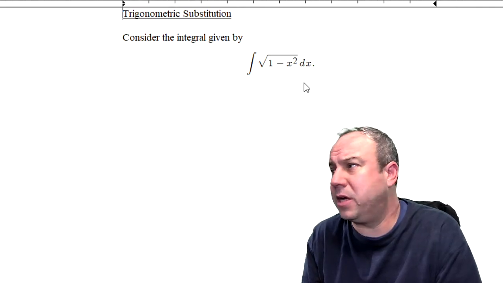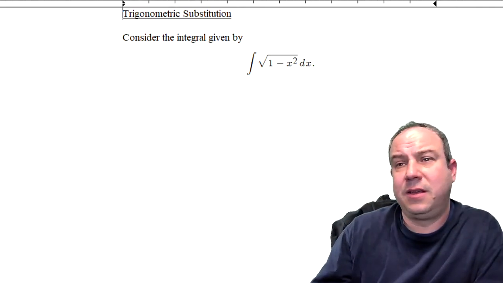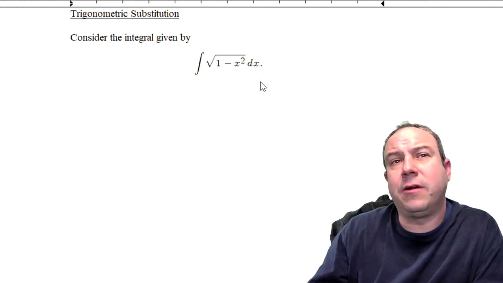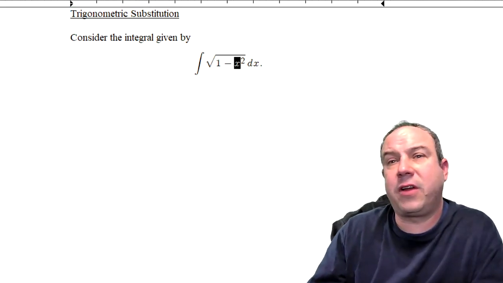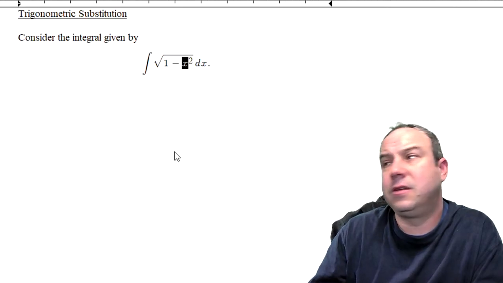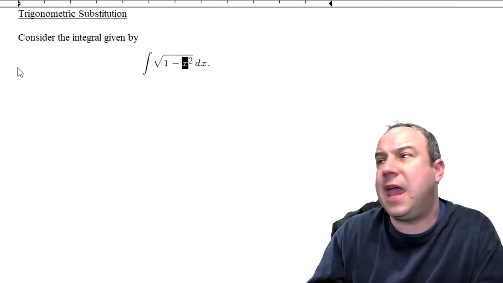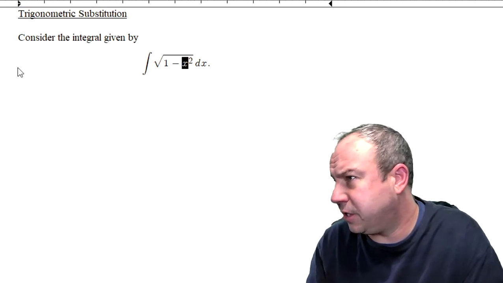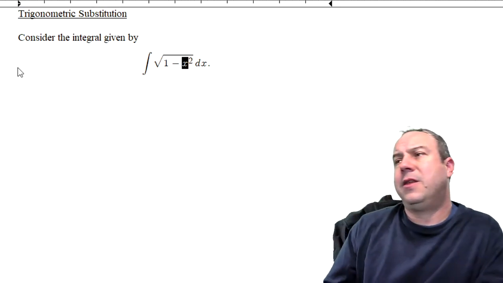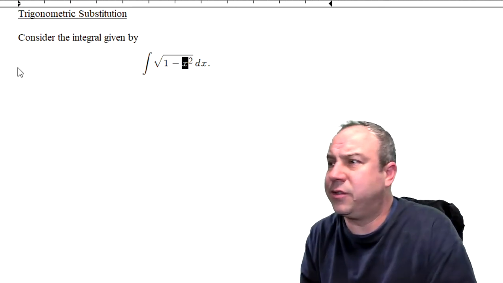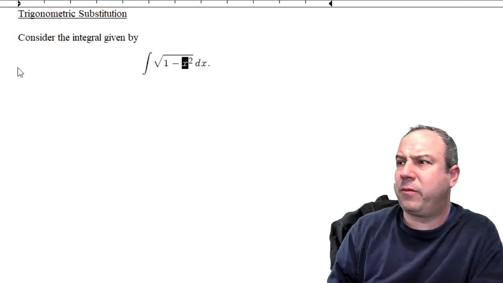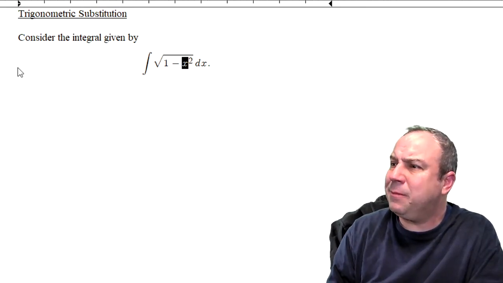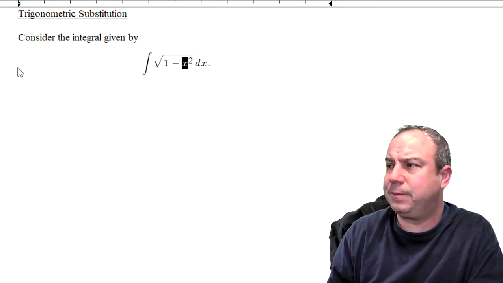Now, what is trigonometric substitution? If I take note here, we are just going to substitute in for the value of our variable x a trigonometric function. There are going to be a whole bunch of implications from that substitution, but it should, if we perform this correctly, simplify our integrand.